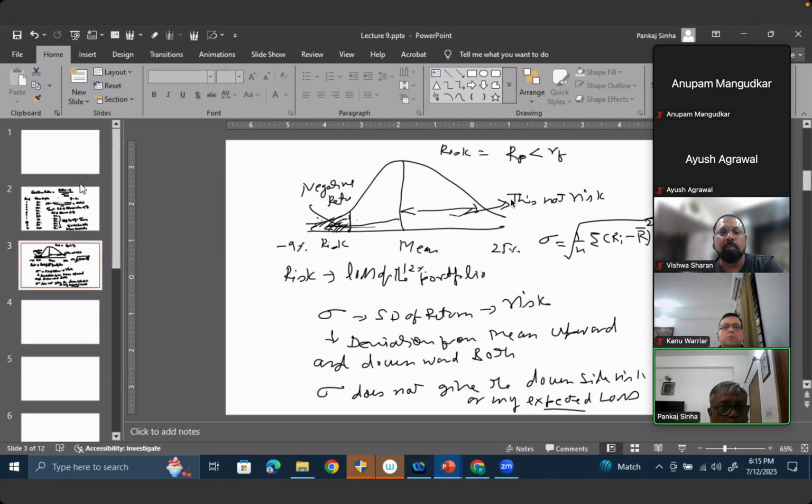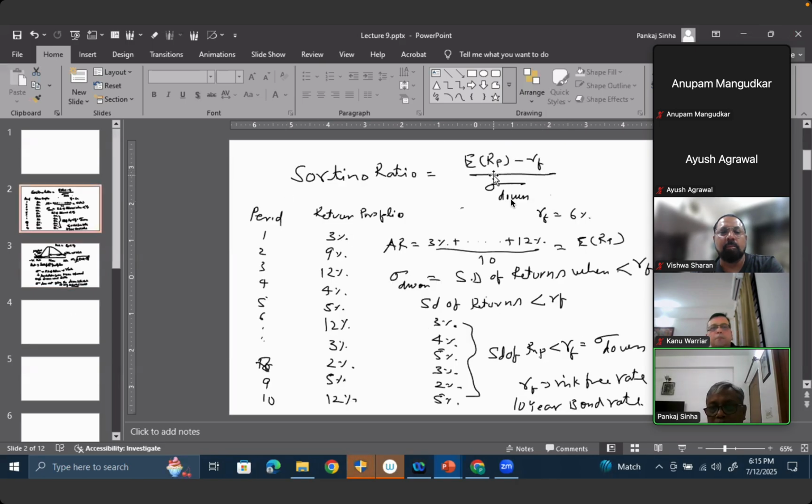But in my numerator, the moment expected return on portfolio is less than RF, which is 6.79, and expected return is 3%, 2%, or minus 3%, minus 4%, this whole thing will be minus. So for 1 unit of my downside risk, how much excess return over RF am I getting? This is the measure by the Sortino ratio.